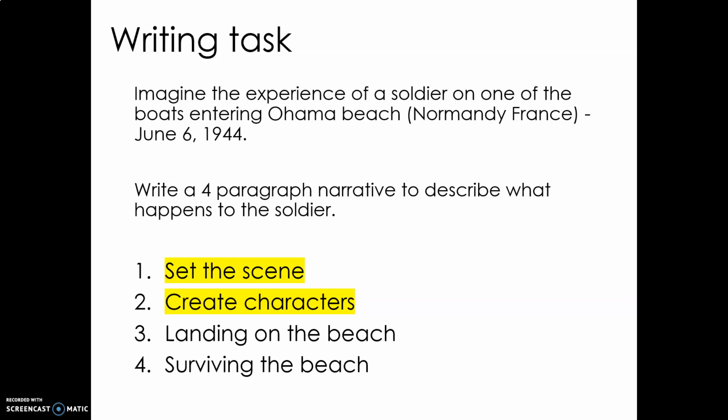And over a couple of lessons, what we're going to be doing is crafting a narrative in 4 parts and really describing what has happened to a soldier or a group of soldiers. Today, though, we're going to focus on 2 areas. Number 1, setting up the scene, and then 2, creating and introducing some characters. Okay, let's get started.